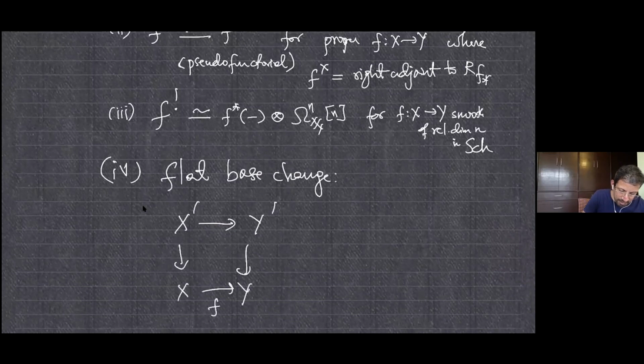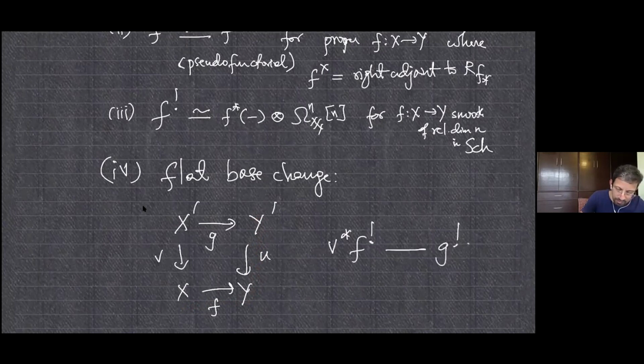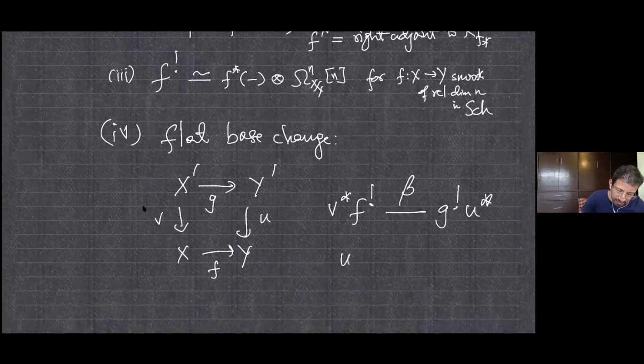F is proper, and I'm taking the fiber product of this proper map with a flat map. If you call this V and this G, then the base change isomorphism says that I should have something like this. And there are some further conditions. Here U and V are flat, and F and G are proper.